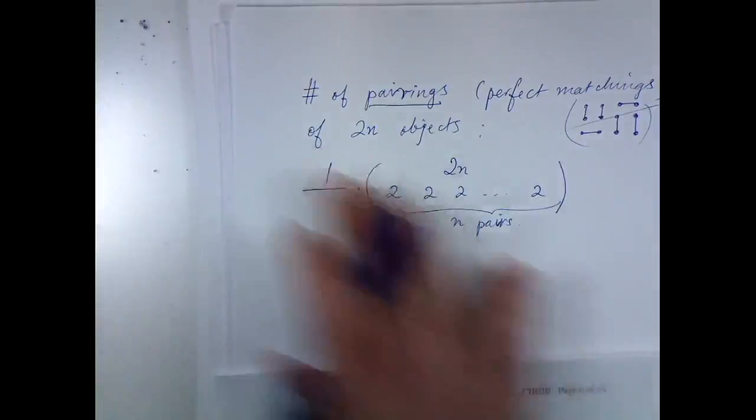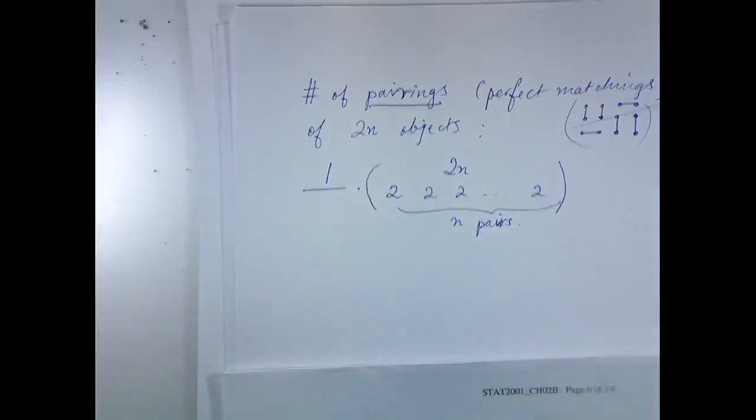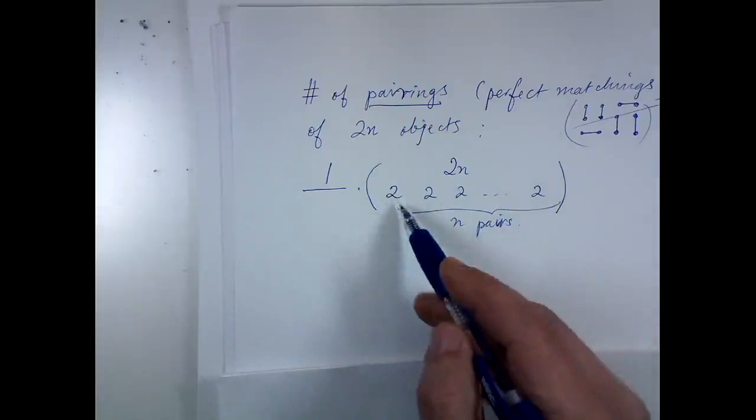If I just had this multinomial coefficient, it wouldn't be the number of pairings per se. Can someone describe in words what it would be? A good word to use sometimes is labelled or identified. So you could call it a labelled pairing, because this says that group A has to have 2 in it.